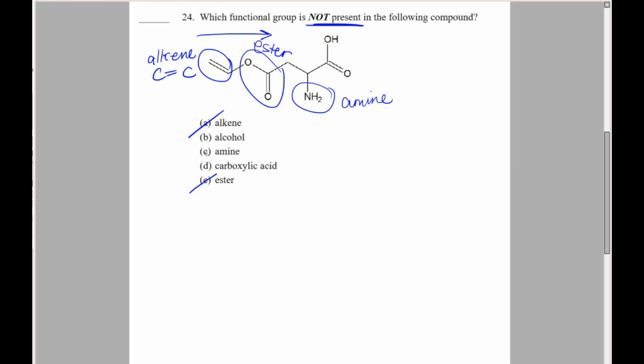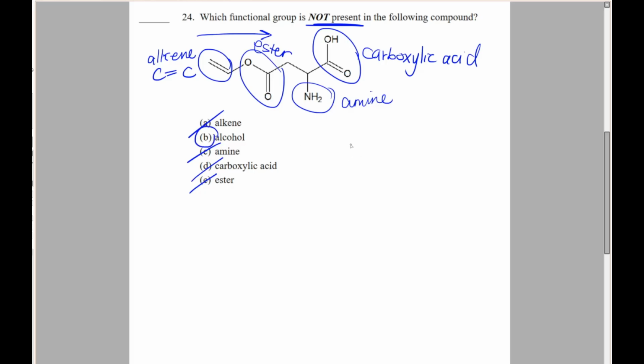So it can't be C, and the reason why it's an amine is because if you see any nitrogens, it's pretty much going to be an amine. And then lastly, we have an OH and a double bonded oxygen. So this is a carboxylic acid. And so D cannot be our answer. So that leaves us with choice B.